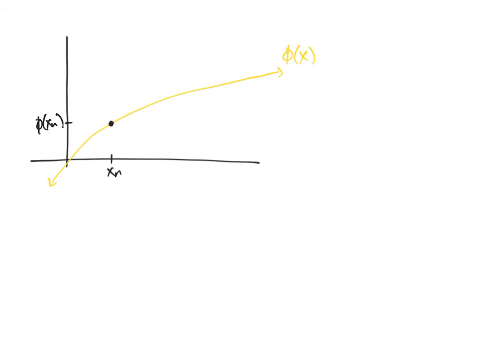And so if we want to know another point on here, xn plus 1, where this distance between x's is step size h, so this point up here, that is what we would want to try to figure out, is phi of xn plus 1. So we're again trying to come up with a recursive formula. So assuming that we have some point xn and then the value of the function there, how can we approximate what this next value is going to be?